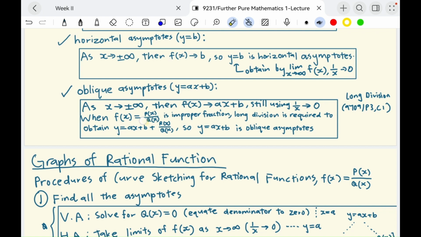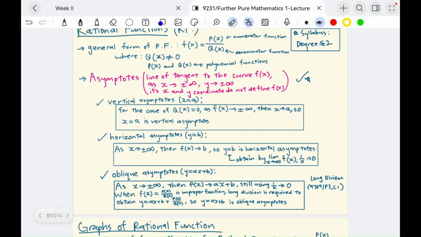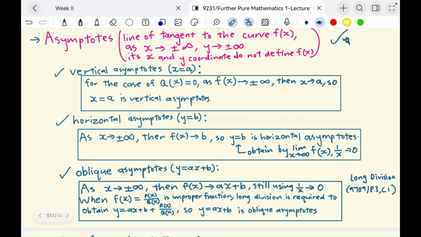So the quotient will be the oblique asymptote in the form of the straight line equation or intercept form. Okay. Pronouncing vertical asymptotes, horizontal asymptotes, and oblique asymptotes every time is time consuming, and it is troublesome as well. So instead, I will pronounce them as VA, HA, and OA.